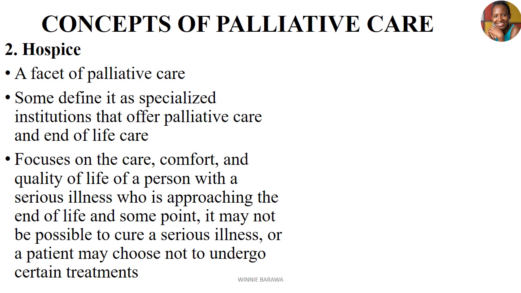So some people define hospice as a center or an institution that is specialized to offer palliative care and end-of-life care. But we need to appreciate that just like palliative care looks into alleviating pain and symptoms, hospice also looks into the same. So it focuses on care, comfort, and quality of life of a person with serious illnesses who is approaching end of life.